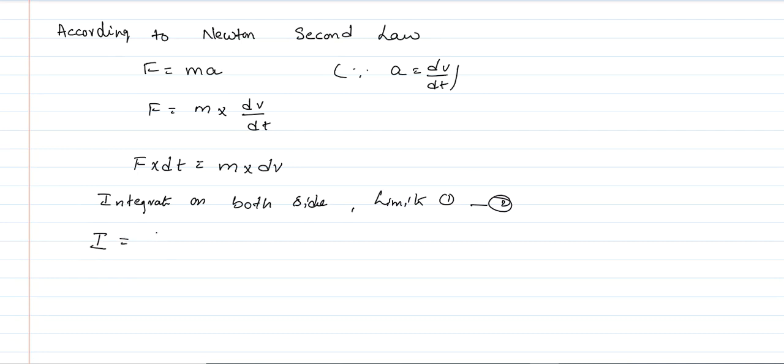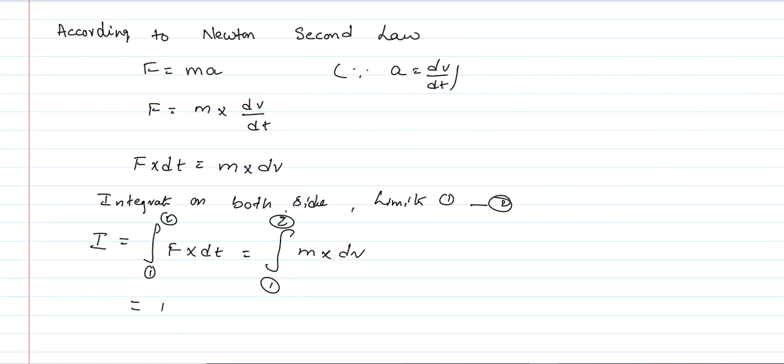I is equal to integral 1 to 2 F into dt is equal to, similarly, integral 1 to 2 m into dv. So we are going to integrate with respect to time.